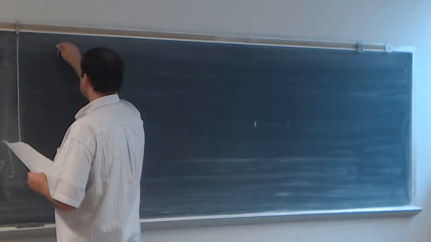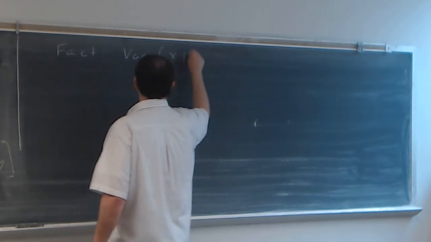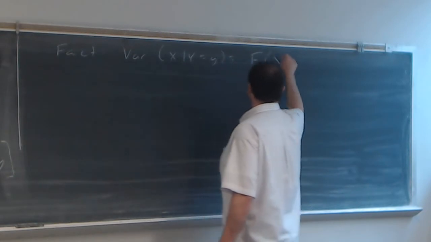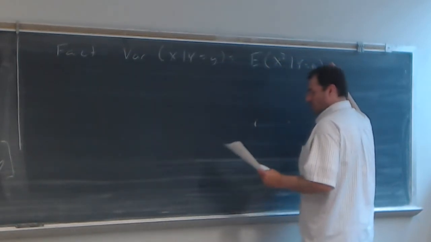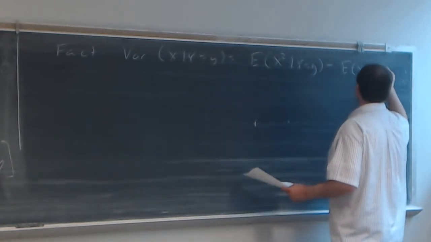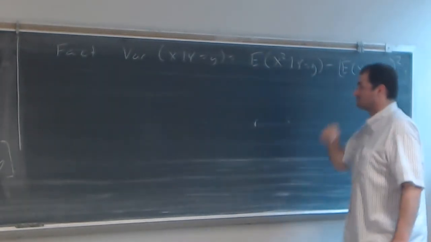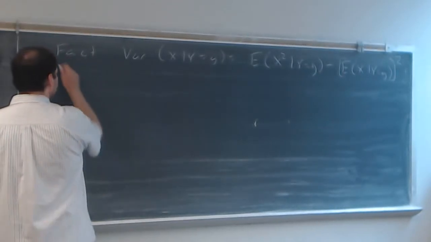So as a fact, the variance of x given y equal to y is equal to the expected value of x squared given y equal to y minus the expected value of x given y equal to y, that quantity squared. Very similar looking to what our formula was for just the regular variance for a random variable.